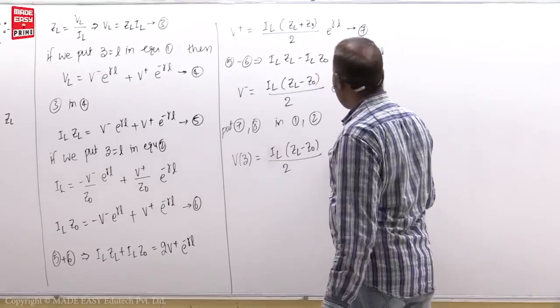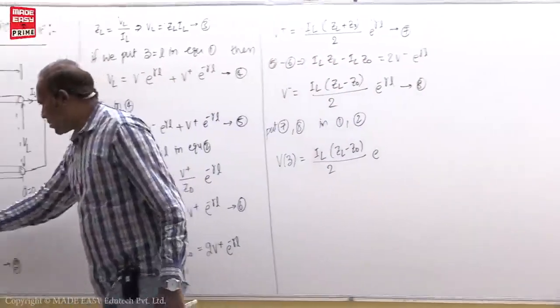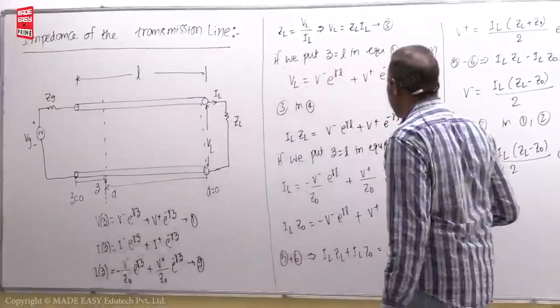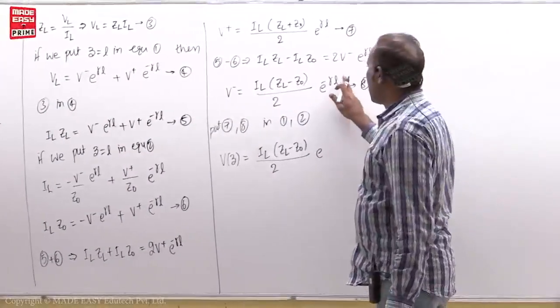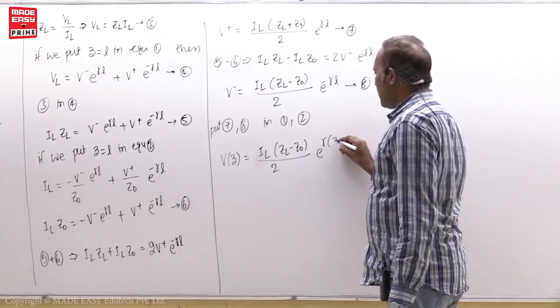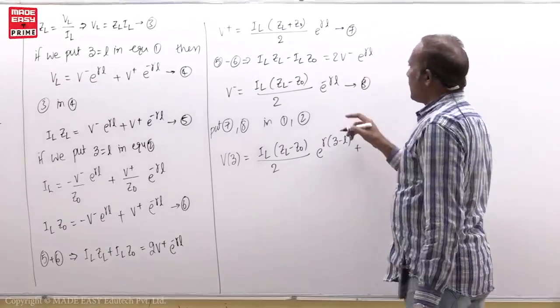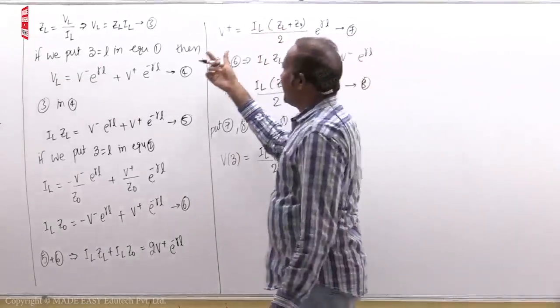First we are substituting V minus here, e^(gamma z), here e^(minus gamma L), gamma is common, so e^ gamma common, (z minus L) you get, plus we substitute V plus here.